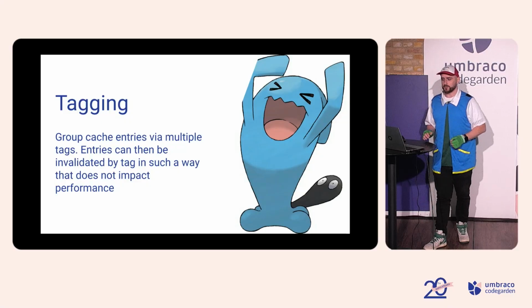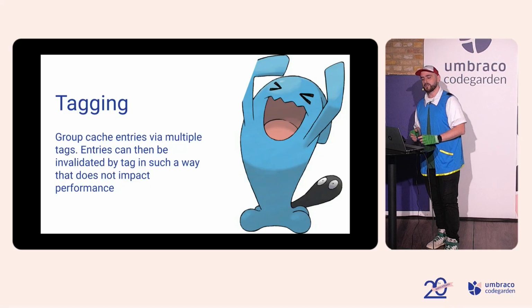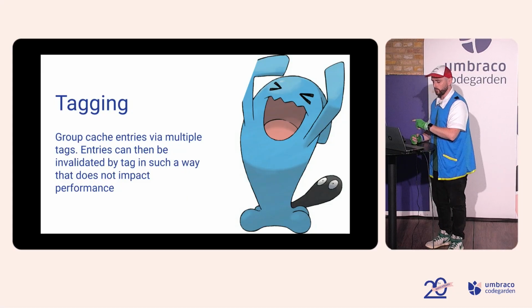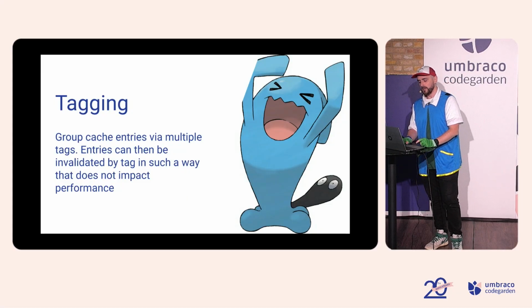Tagging, excuse me. You can group entries via multiple tags. The Microsoft implementation supports this as well, and I'm going to showcase it a little bit later. Entries can then be invalidated by tag in such a way that doesn't impact performance, and I'm going to show what I mean by that in a later demo.